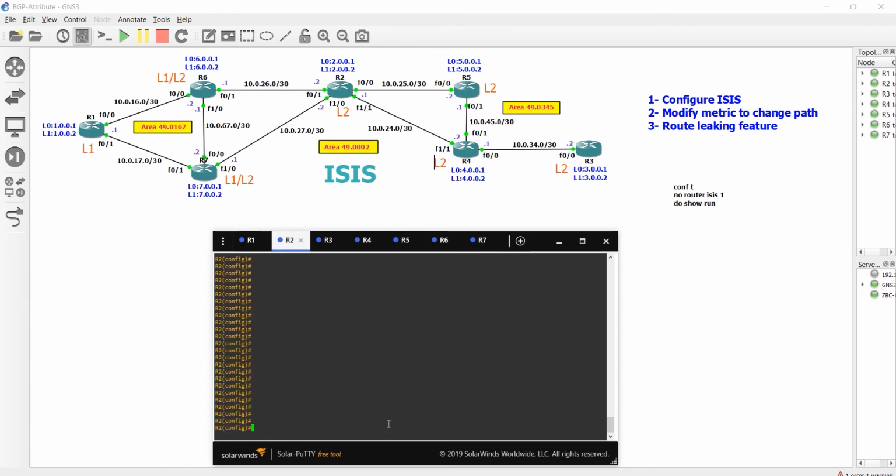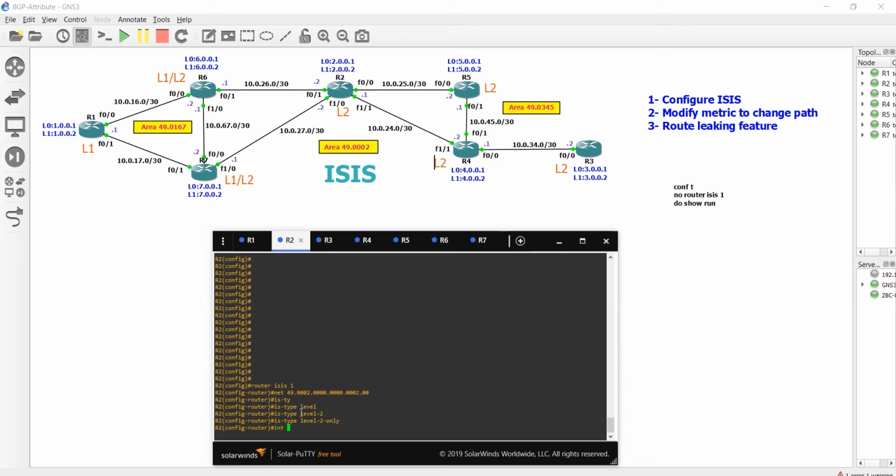Now everything is okay for router 1. Let's start with router 2. Router 2 is here in another area. We should write router isis 1 and the net is 49.0002.0000.0000.0002.00. And the IS type is level 2, only level 2.